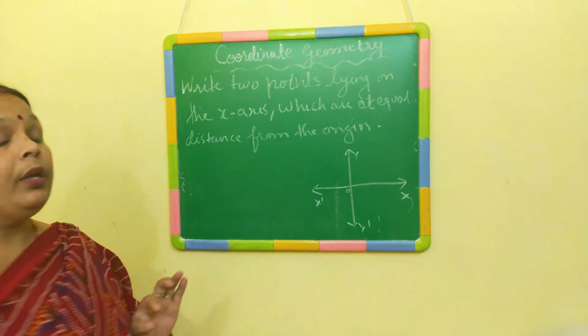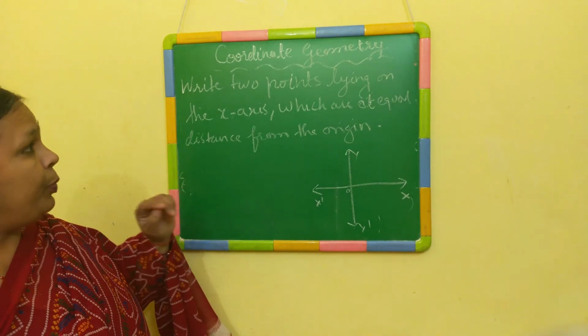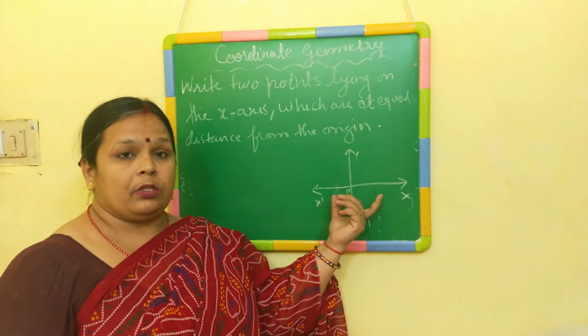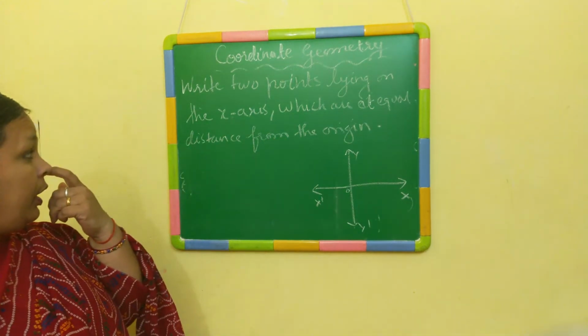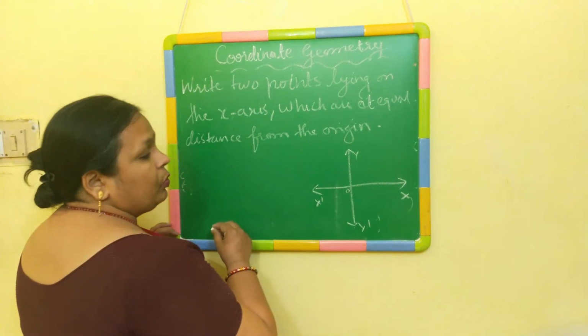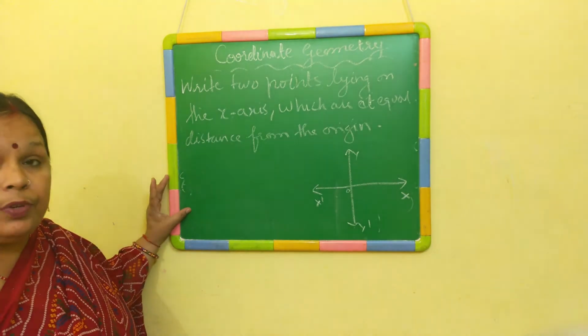Now, what we need is to write 2 points lying on the x-axis. So the point must lie on the x-axis, which are at equal distance from the origin.